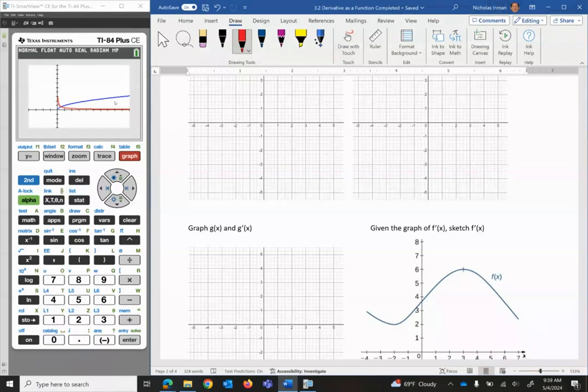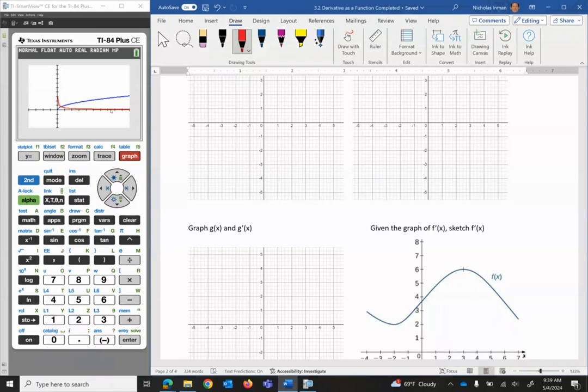So the farther and farther we go, notice the slope is getting closer and closer to zero. All right, the farther you move to the right of a square root, it doesn't really look like it grows all that much. It is growing, it is getting taller, but it grows very, very slowly as you move to the right. Okay, but notice this derivative function is always above the x-axis.